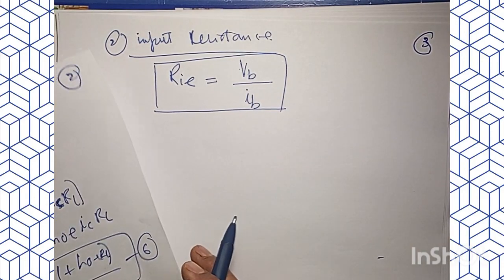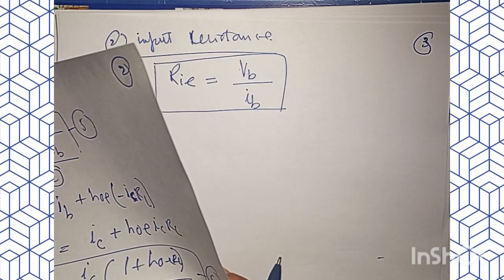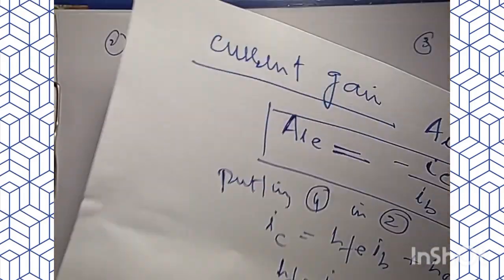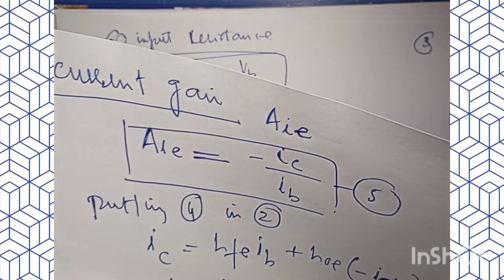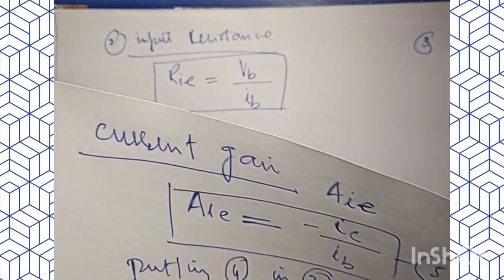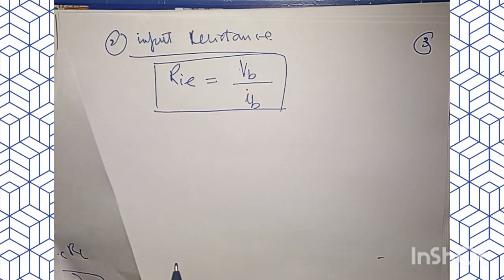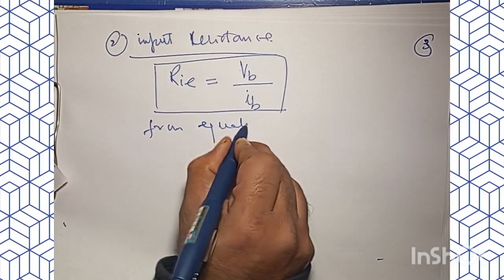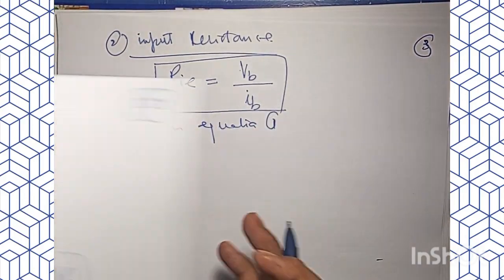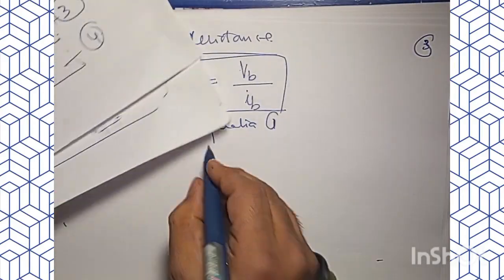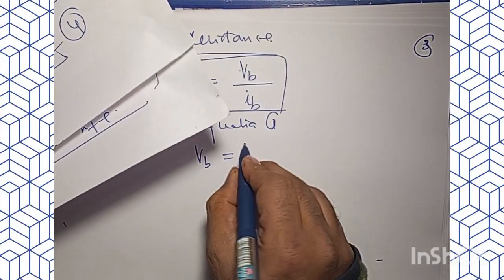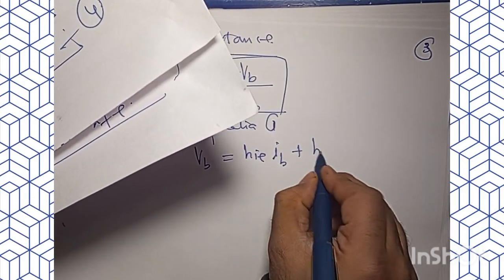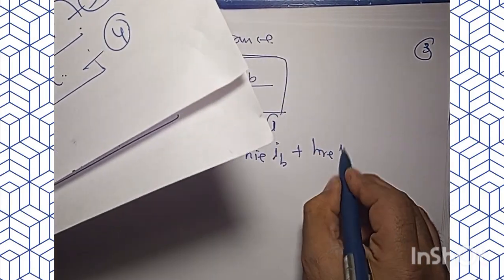Now, if we go back to equation 1, where is that? Yeah, here it is. So from equation 1, VB is HIE IB plus HRE VC.